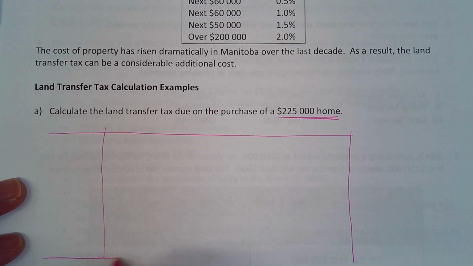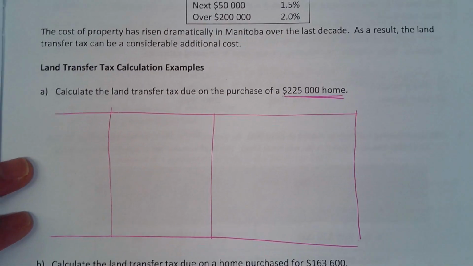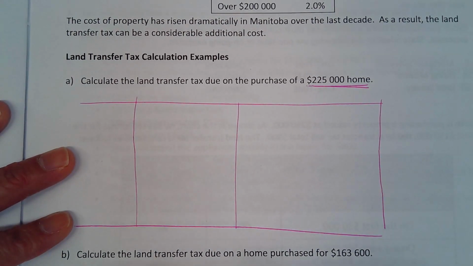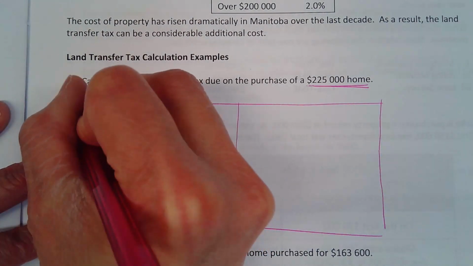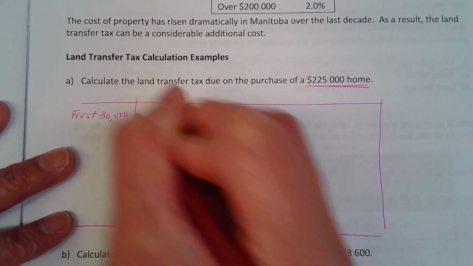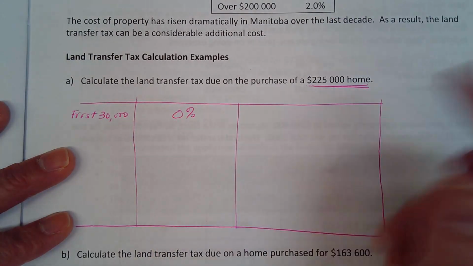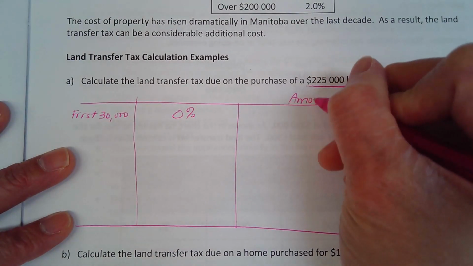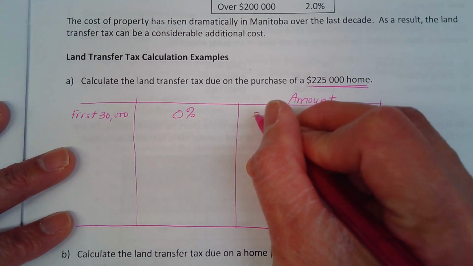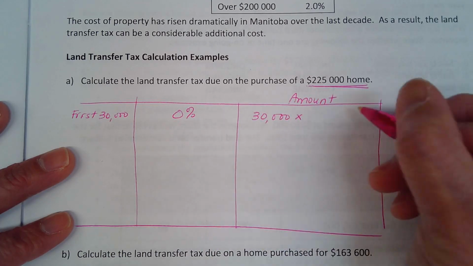Sometimes it helps when we organize our thoughts. So this one is going to be the first 30,000. What rate? 0%. So the amount would be 30,000 times 0%.